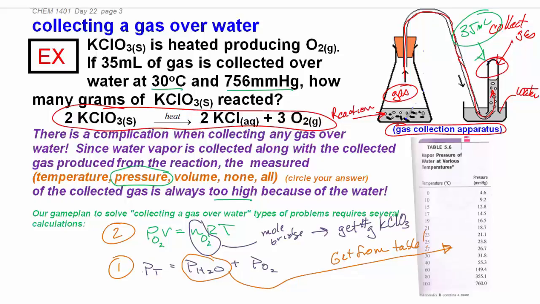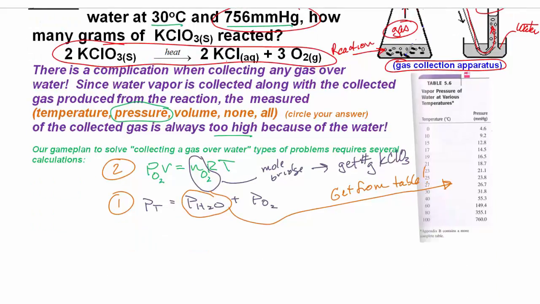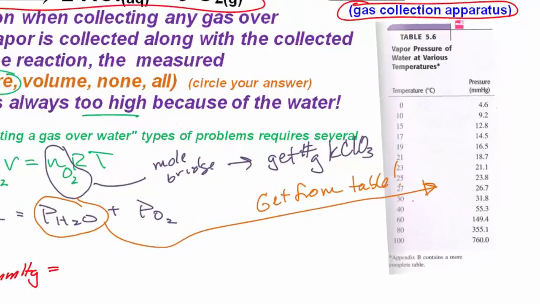So let's try it. My total pressure is 756 millimeters of mercury, which has to equal the pressure due to the water, and they said the temperature was 30 degrees Celsius.